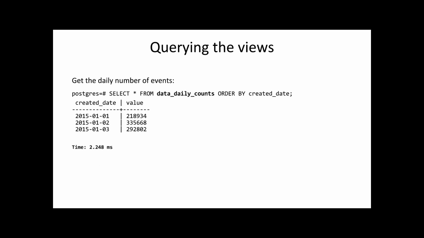So now when we run a query on this view, it actually does slightly more work than it did before. I mean, these queries are all so fast that it's barely noticeable. But it does need to add up all the items in the queue, but still, there's only going to be a couple of thousand, and it's a very small table. There's not many columns, so it's really only a few kilobytes that it needs to process. And this gives you the number of events per day.